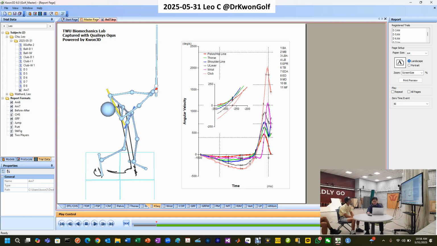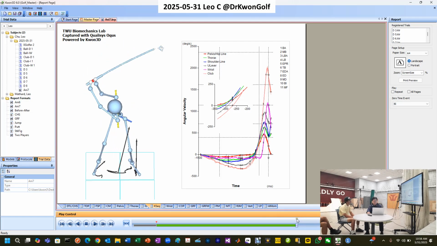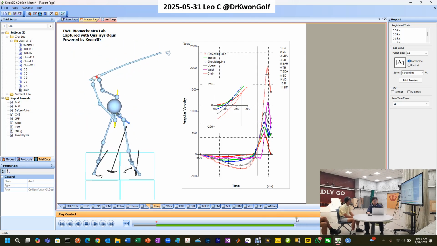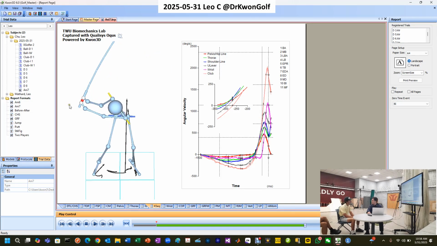So you have to activate everything early in the downswing, while keeping the club close to the body. You have to put more emphasis on this side than in the follow-through. Okay?